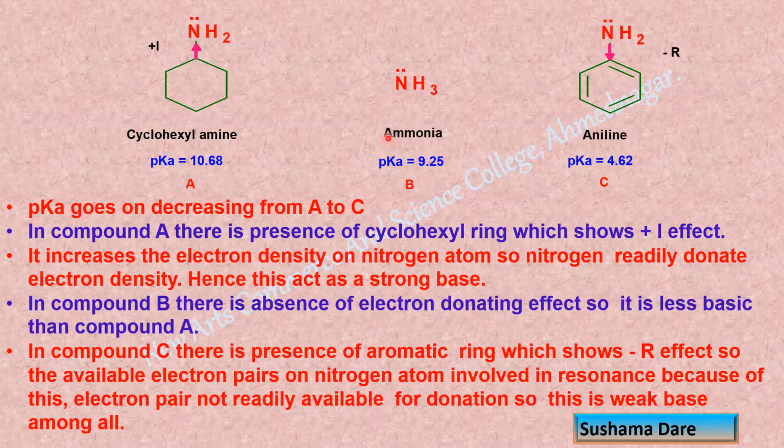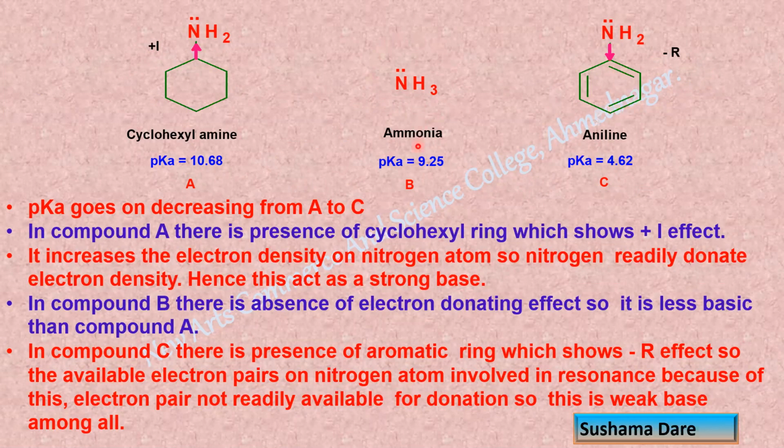But in case of ammonia, you can see there is no plus I effect as well as no minus R effect. Plus I effect always increases the basicity while minus R effect decreases the basicity. So ammonia lies in between these two examples. There is no plus I effect and no minus R effect.